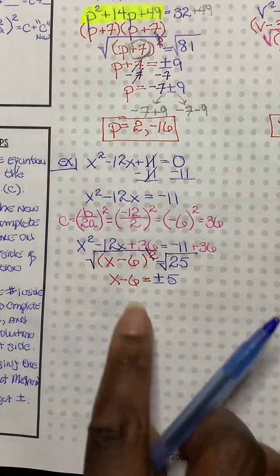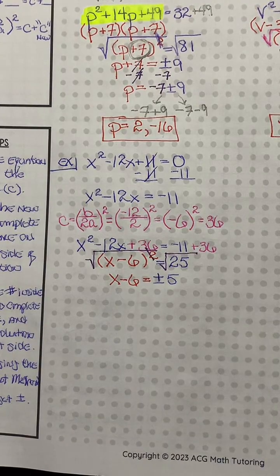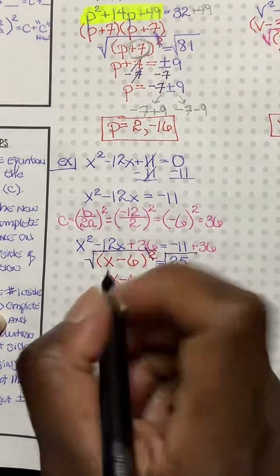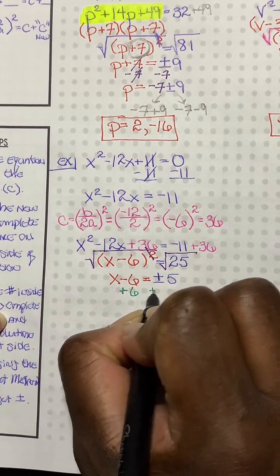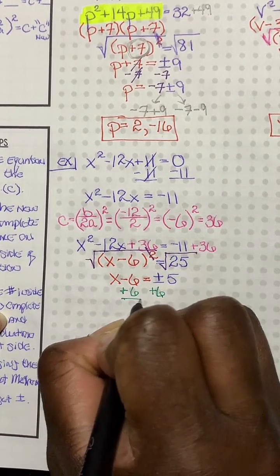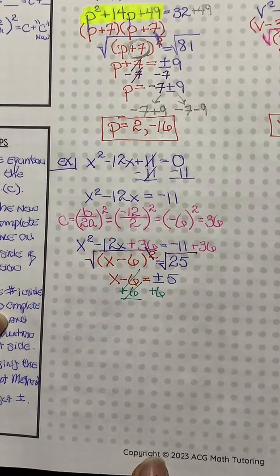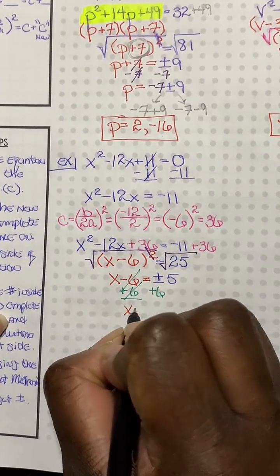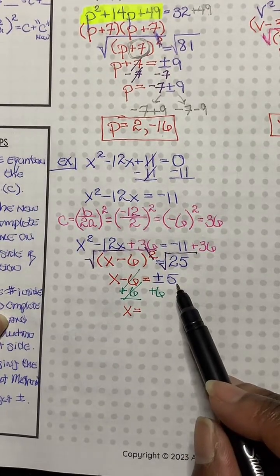All right. So now we're trying to solve for x. That means we're going to add 6 on both sides. Negative 6 plus 6 cancels out. So then we have x equals. Now, don't just add the 6 to the 5, okay?